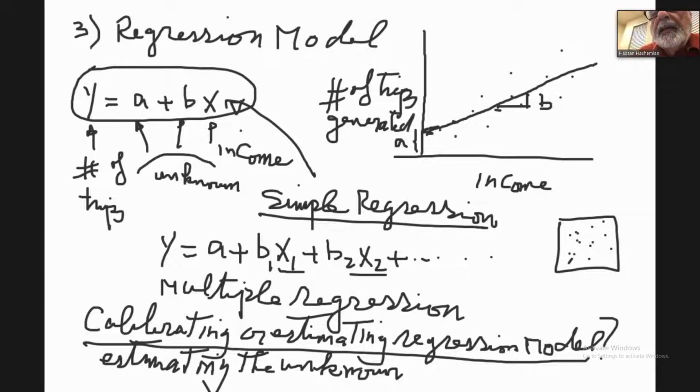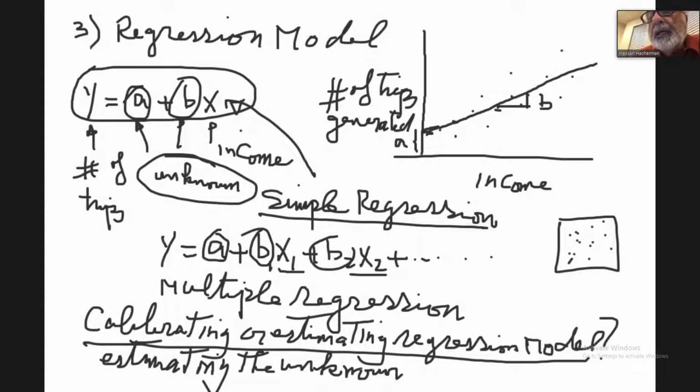Which I just said here: A and B. Those are the coefficients that we have to estimate. In multiple regression, we have to estimate A, B1, B2, and so on. So that's what it means by calibrating or estimating a model.